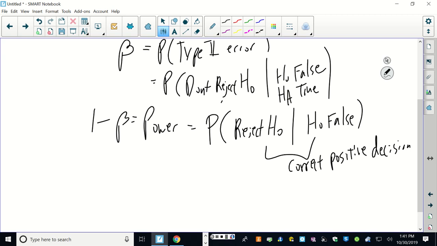So you want power to be high. Usually if you're planning a study and get to choose sample size and other conditions, you probably want power to be at least 80%. 80, 90%, 90% would be great. If you're doing studies with 50% power, that would mean it's only a flip of a coin: are you actually going to prove it or not, if the alternative is true? That's not a very good bet.